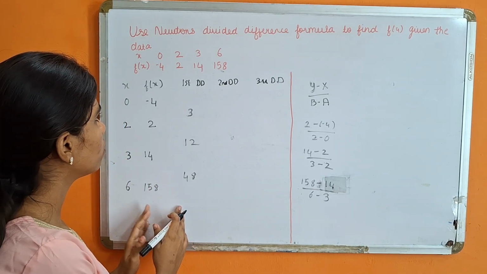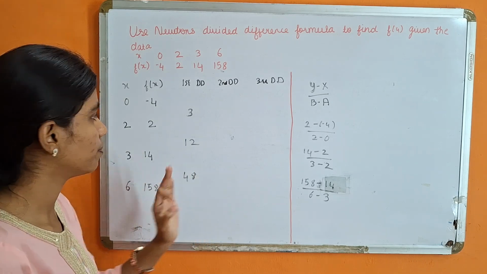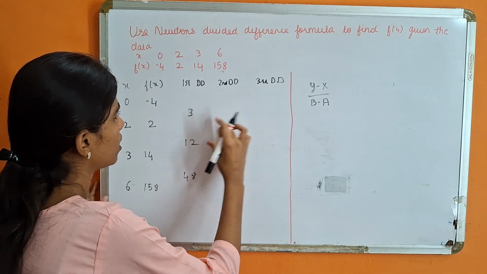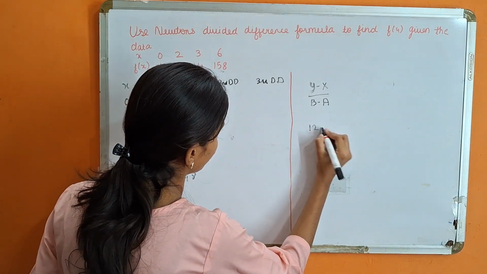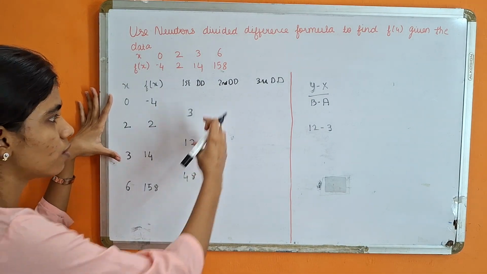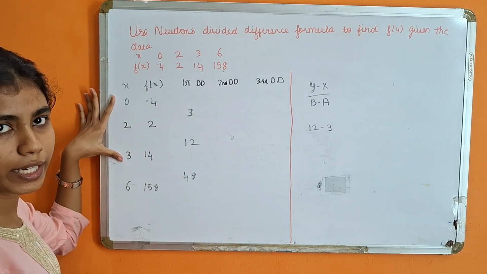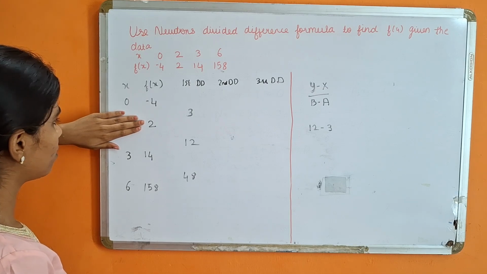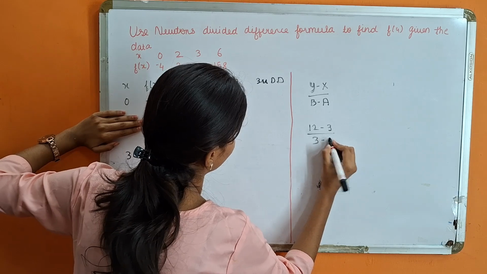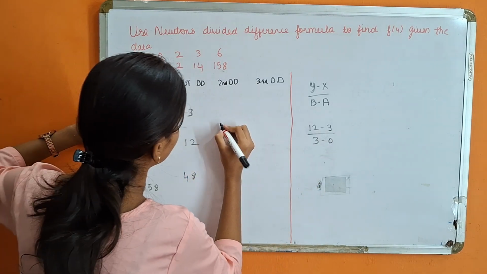Now next, in the same way you have to find the second. For the second, you consider these 2 terms, that is 12 minus 3, and these 2 terms are related to these 3 terms, right? Hide the middle one. So what we get? 3 minus 0. So the answer for this is 3.